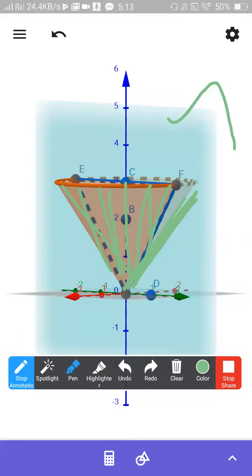The cone is already there, and phi is in my hand. By changing the value of phi, I can choose any slanted line on the cone, because phi has flexibility over 0 to 2 pi. So I can choose any slanted line on this cone. Yes, sir. That is the idea.